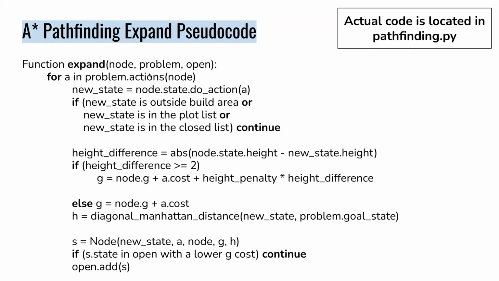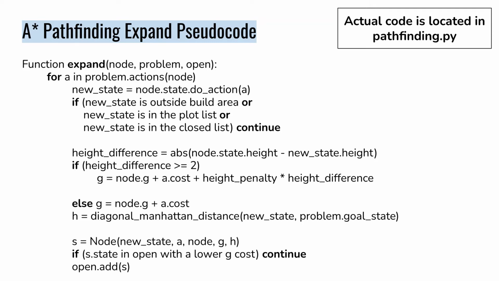We can see this in the pseudocode for our expand function, used in our A* search algorithm. In this function, for each of the possible 8 actions corresponding to the 8 directions, we find what the new coordinates of the node would be if we take that action. Then we check if this state is outside the build area or inside a plot or already in the closed list in order to improve efficiency and prevent invalid paths.